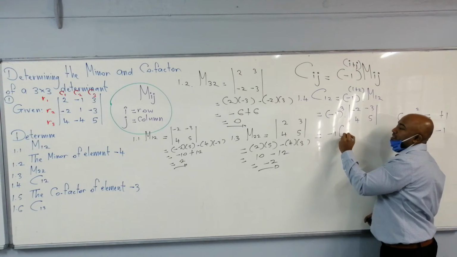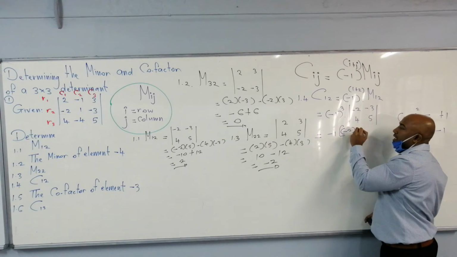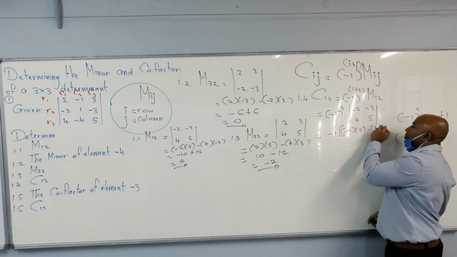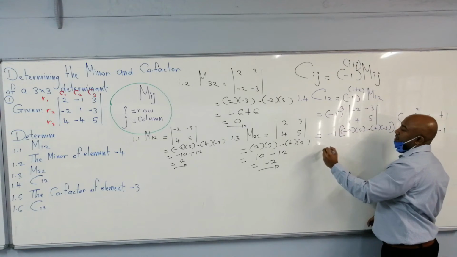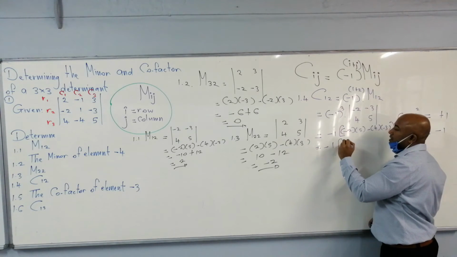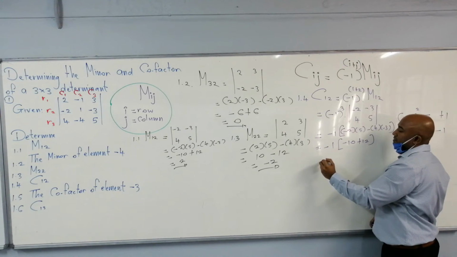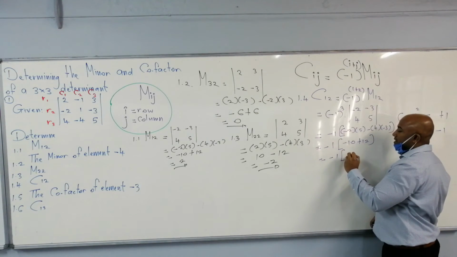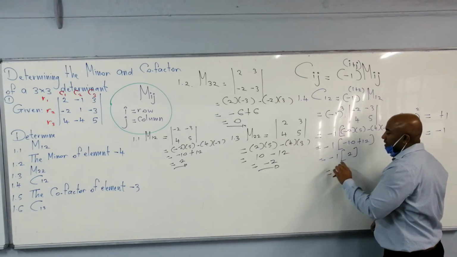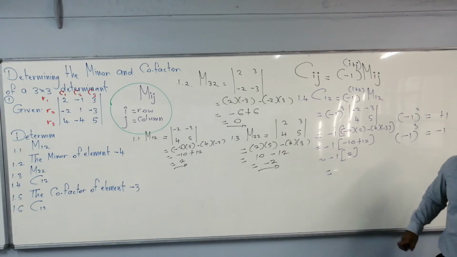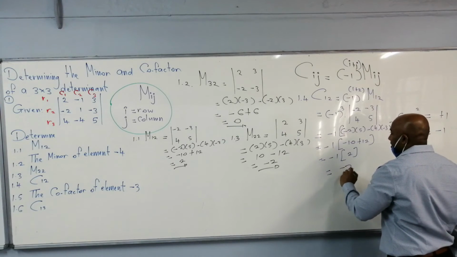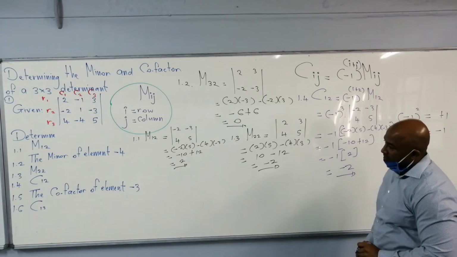Then you work this part out. It's multiplication, so that's in brackets minus 2 times 5 minus 4 times minus 3. So you're going to get minus 10 plus 12, which is 2. And then finally 2 times that minus 1, which is minus 2.